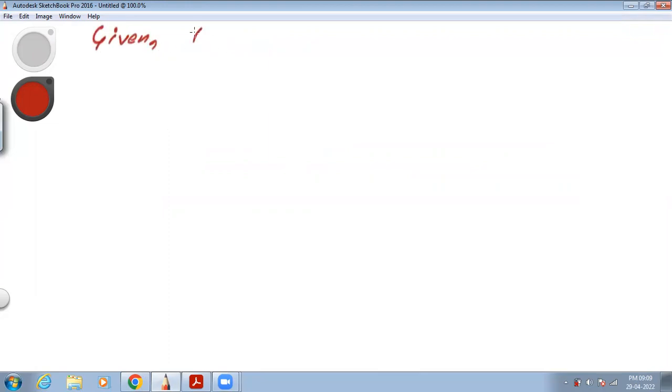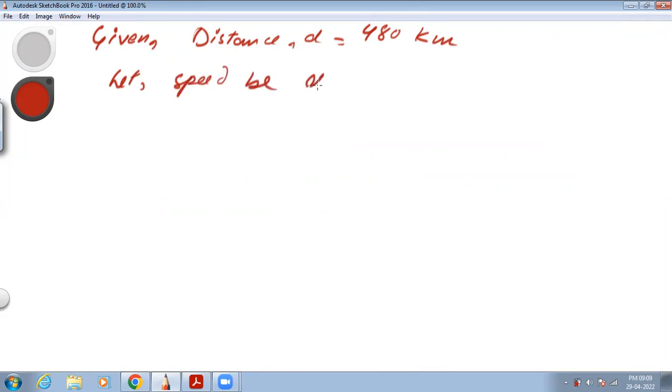Given distance, d equals 480 kilometers, and let the speed be x.